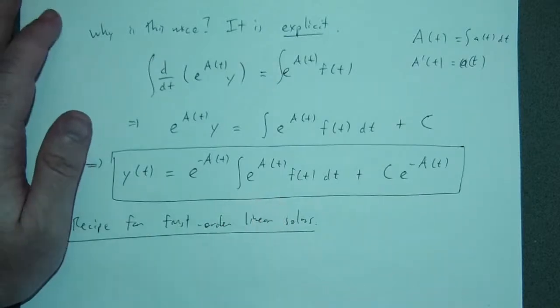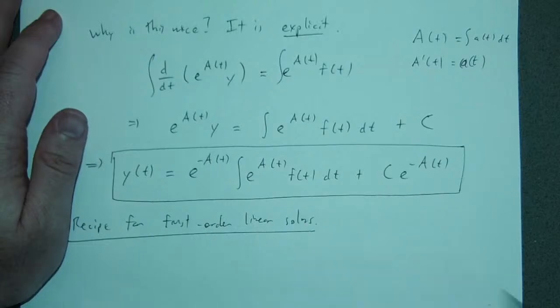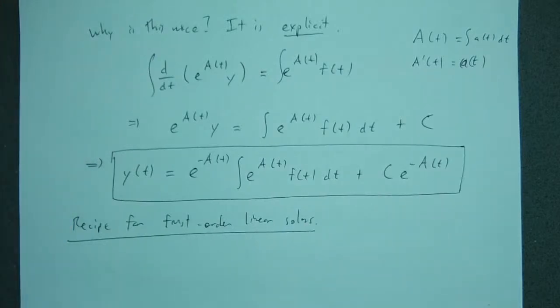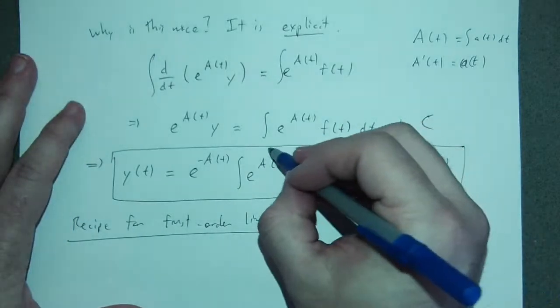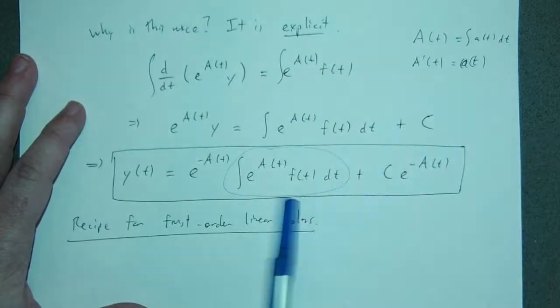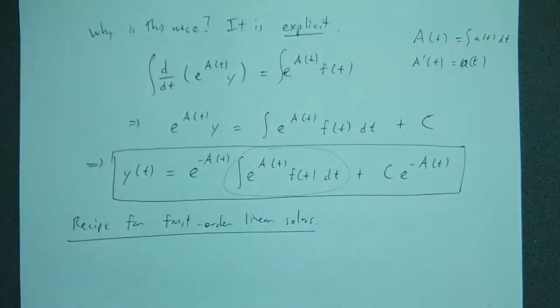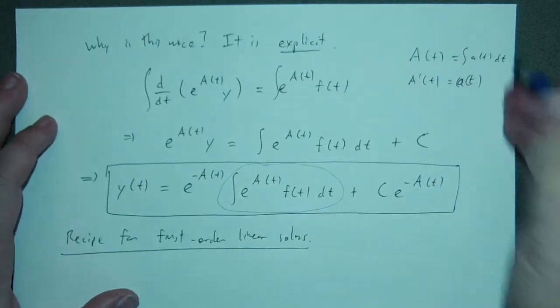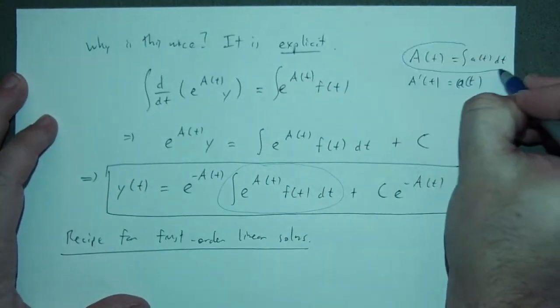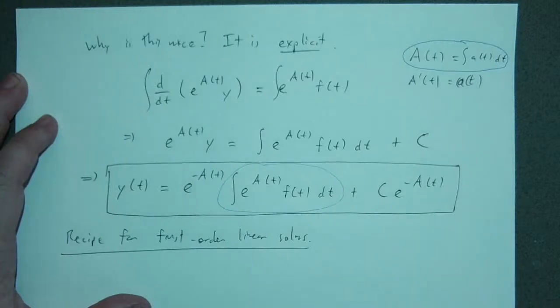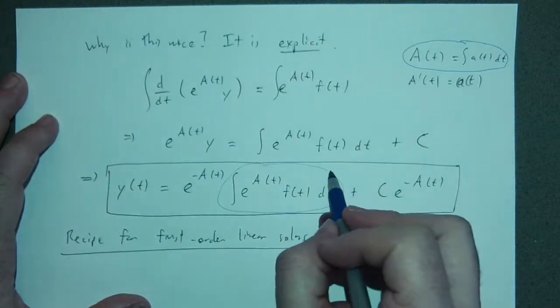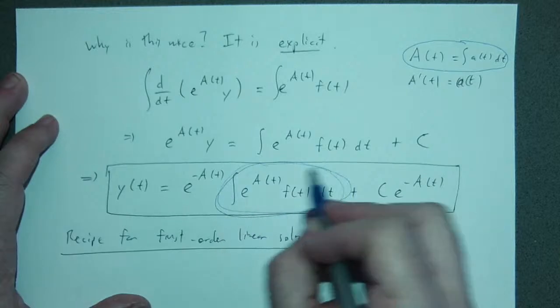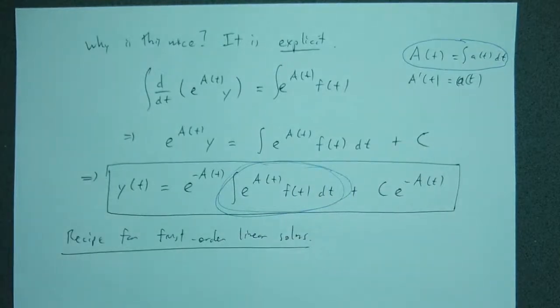So what are the two integrals? The first one is this one. So the first integral that you have to do in order to even write this thing is the integral of little a. And then the second one is the integral of e to the big A times f of t dt.